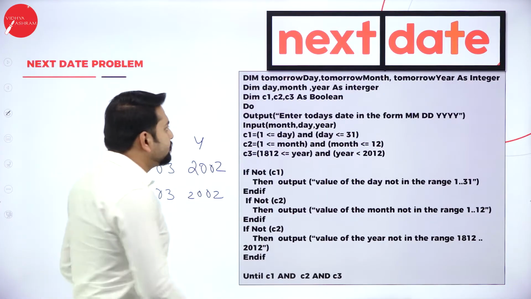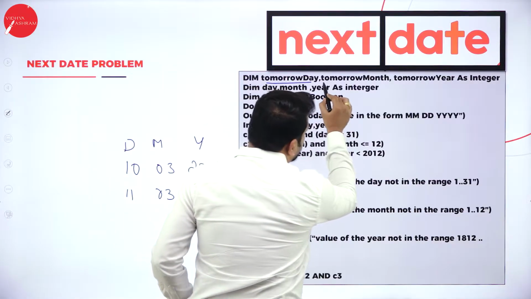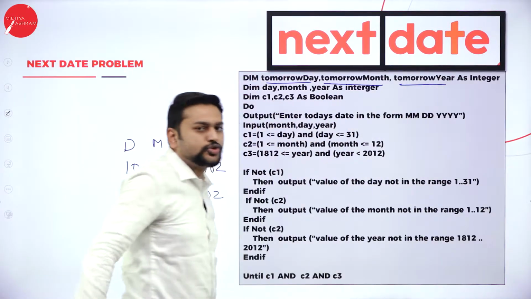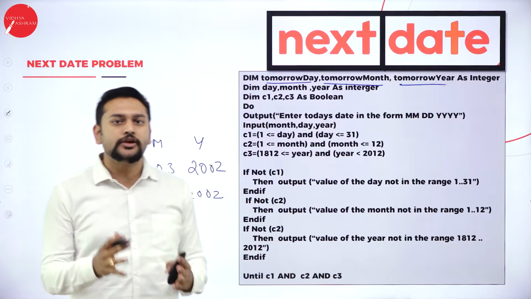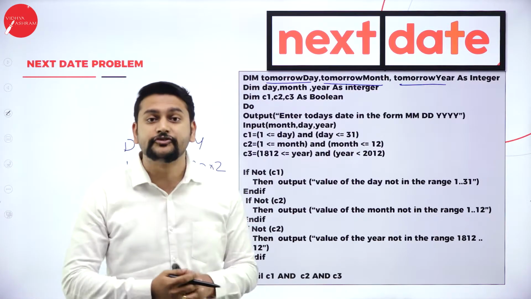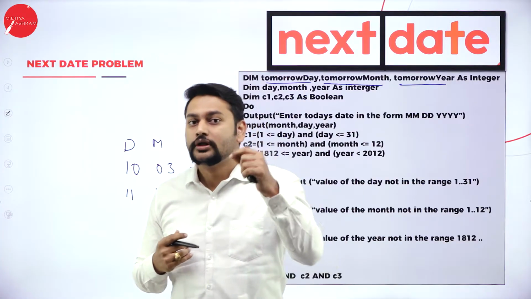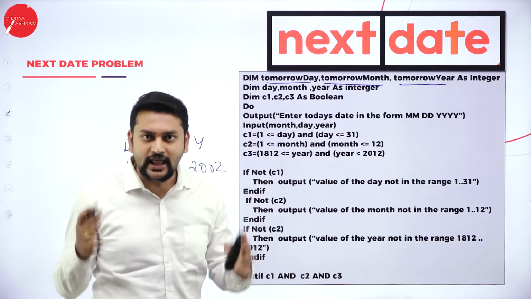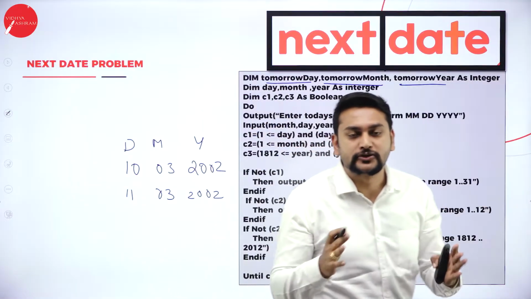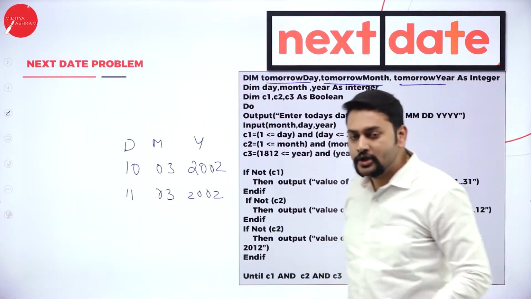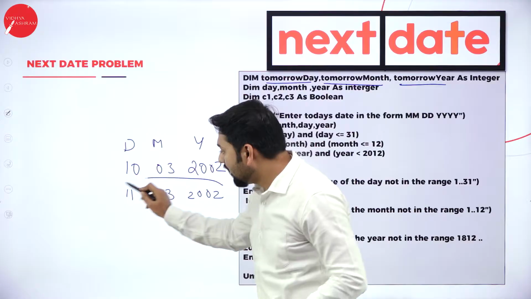So guys, you need to observe here, I have tomorrow day, tomorrow month and tomorrow year. What exactly are these? I have 3 different variables that I have considered. DIM, in the sense I'm just declaring the variable, is what you need to remember now. Why do you declare that, sir? I have already told you I need to give you the next date, right?